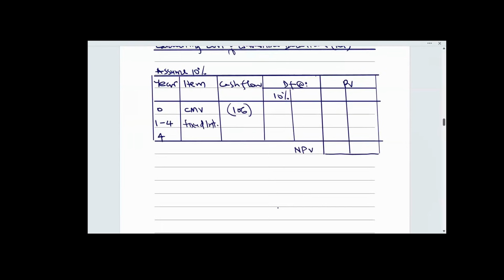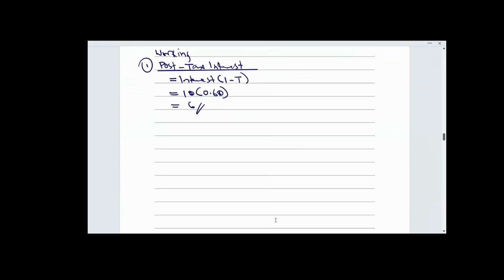So I will then come here. Instead of 10, we are going to use 6. Now, in year 4, in the final year, which is the exercise date, we need to check from the question which one is higher between the conversion value and the redemption value. So let's calculate the conversion value. Working number 2.